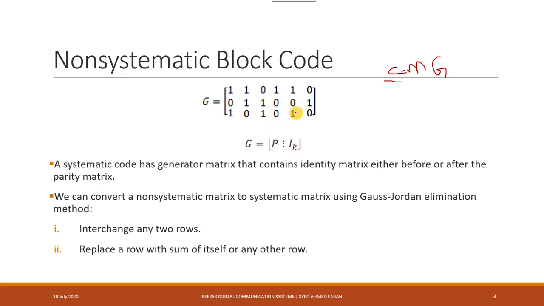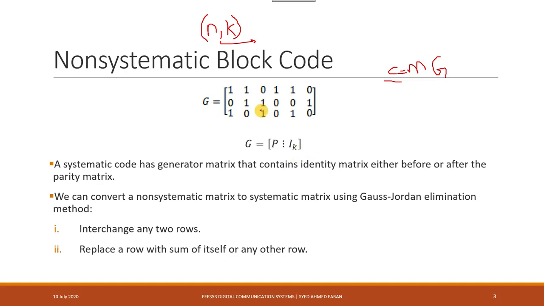Before we go ahead, I want you to understand what the values of n and k are in this problem. As I told you, a linear block code is expressed as an (n,k) code. So what is the value of n and what is the value of k?